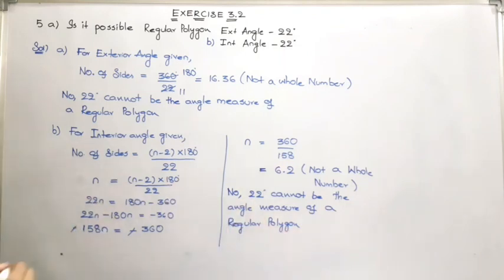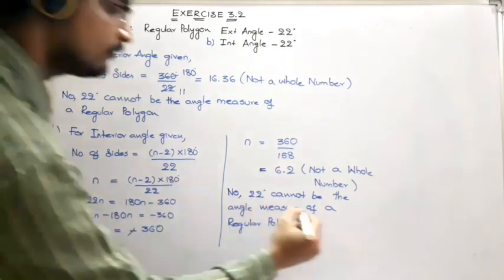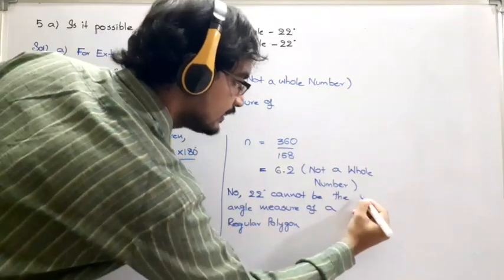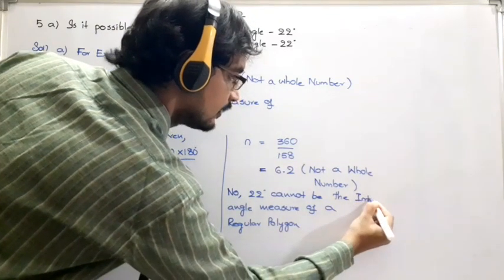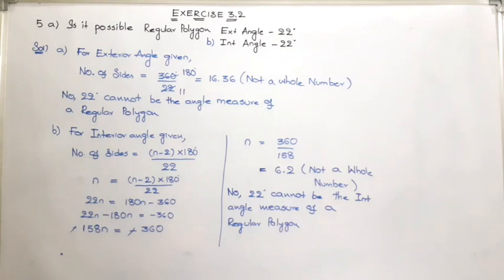Just for a better idea, you write, it cannot be the interior angle measure of a regular polygon.